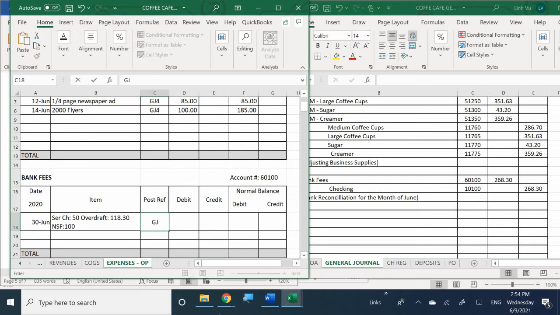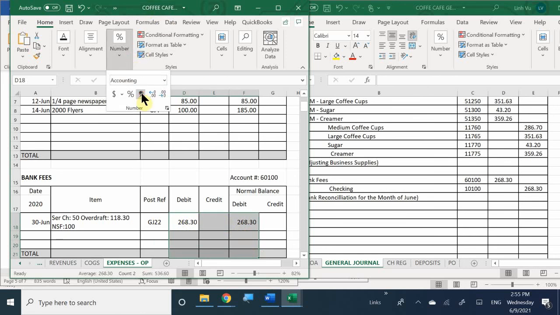General journal number 22. So how much was in grand total? $268.30, which brings your account balance to 268.30. Yes, thank you. All right, good.